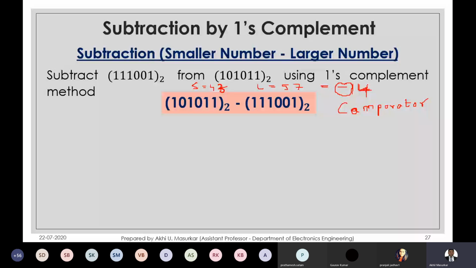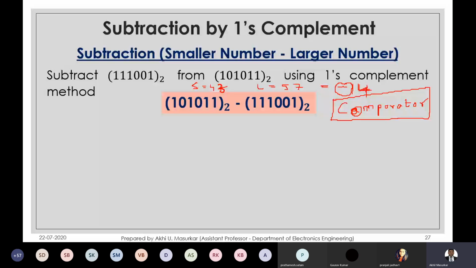So before subtraction, we use a comparator and determine whether the subtraction will give a positive answer or a negative answer. That is the reason why many times we don't worry about the sign and we just go ahead with subtraction. But anyway, we'll just see that.